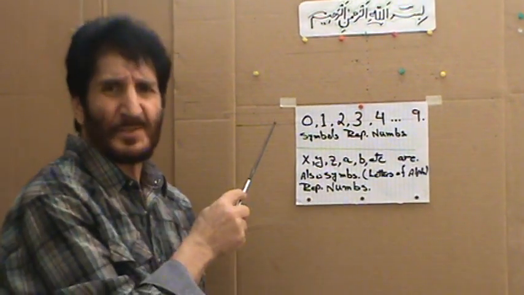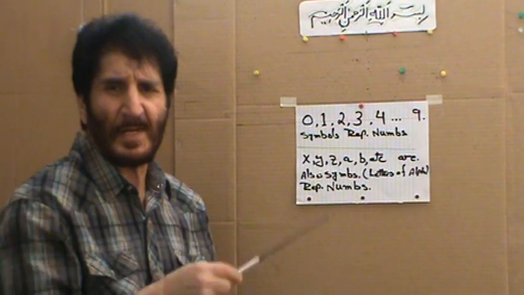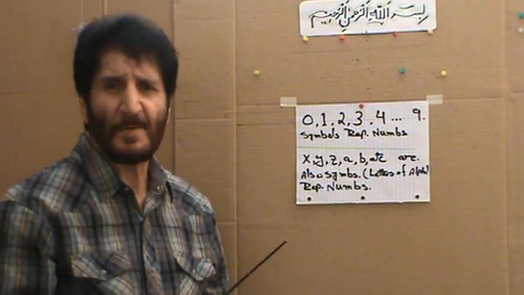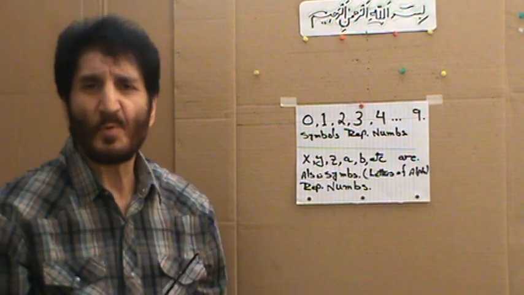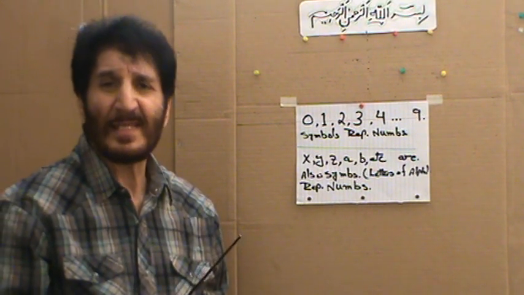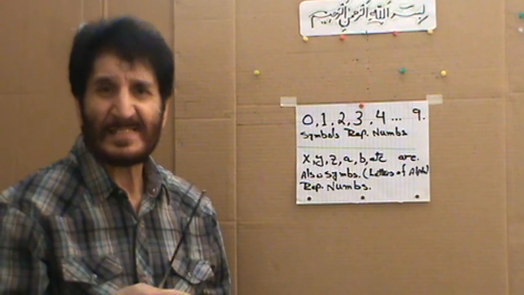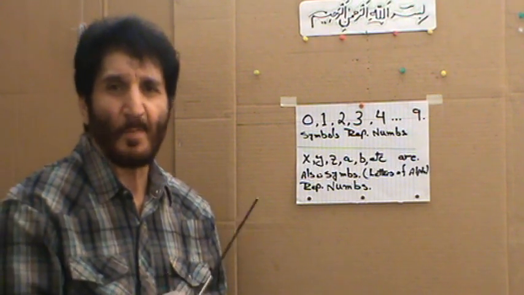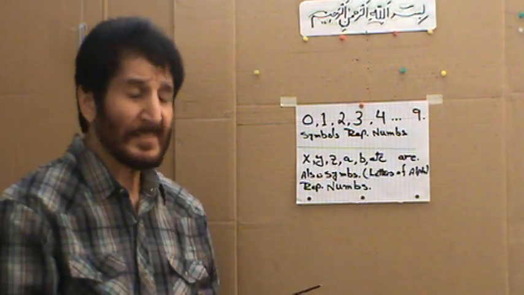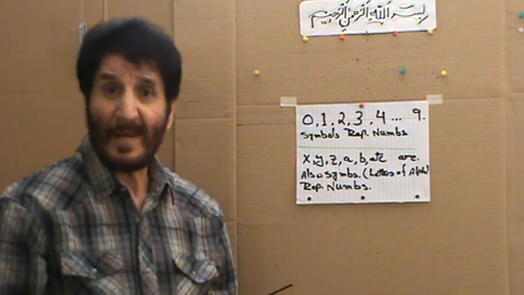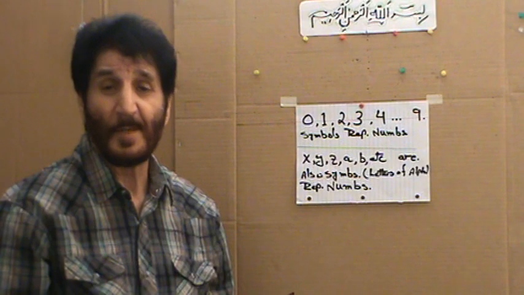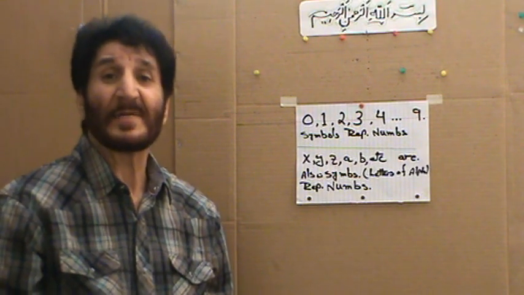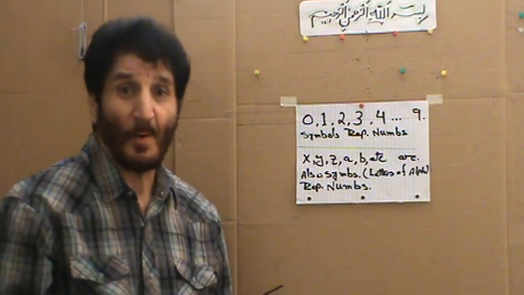Now 0, 1, 2, 3, 4 and so on and so forth, we call them digits. They are called numerals. They are symbols representing numbers. In contrast, we also use letters of the alphabet like X, Y, Z, A, B, and so forth, representing numbers, standing for numbers.